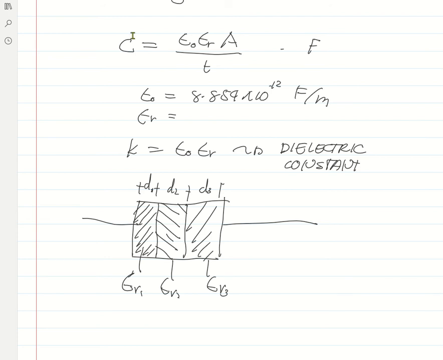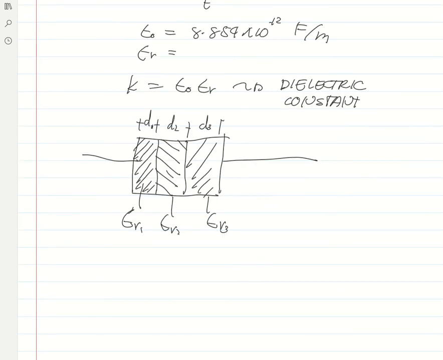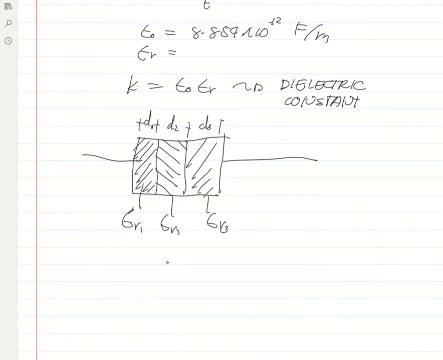Now, if you want to determine the total capacitance of this type of capacitor, the formula will change because we have different permittivities for the dielectrics. So the total capacitance now for this one will be epsilon naught times the area. The cross-sectional area is the same all throughout.